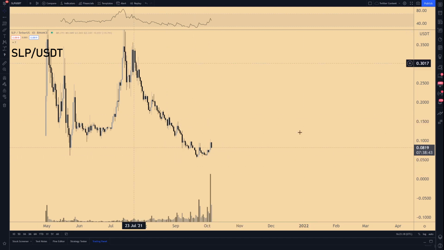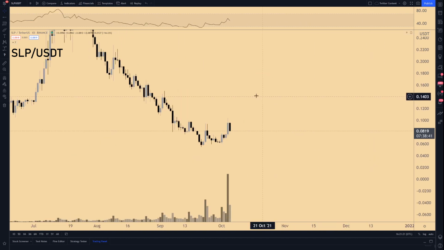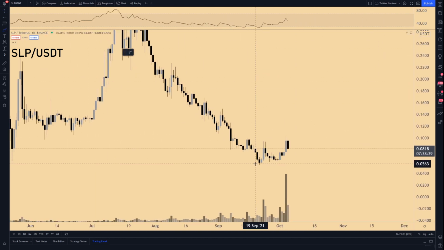So what is the critical level that we're looking at with SLP? Well, we are seeing a low and we're seeing a higher low. So the level that you want to see sustain here as support is this level here. You want to see it sustain above 0.625, and that is the critical level to watch.